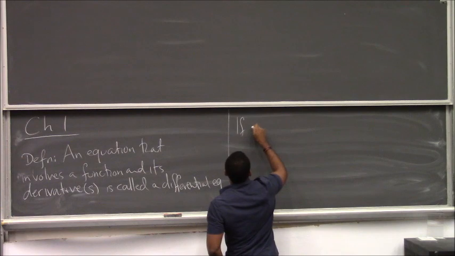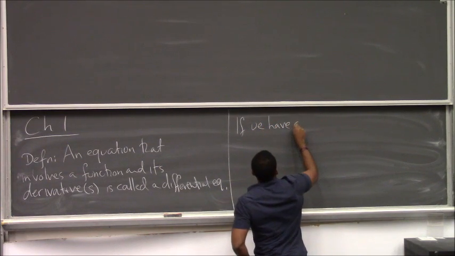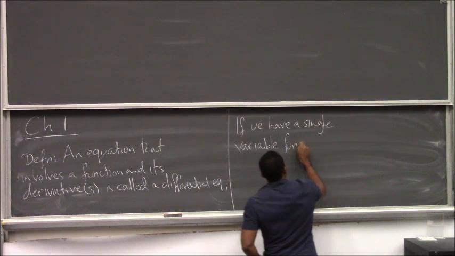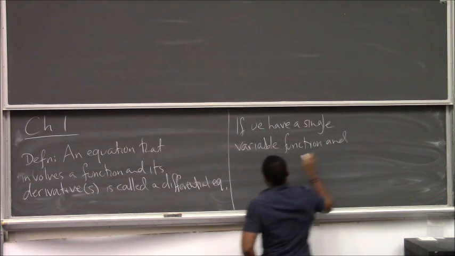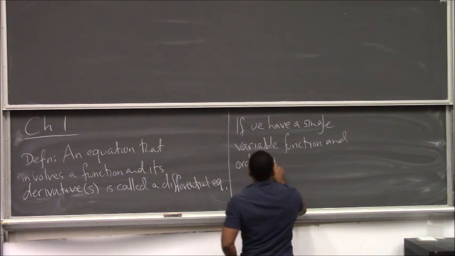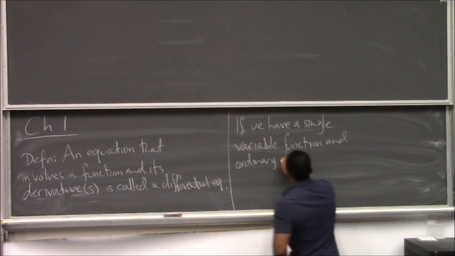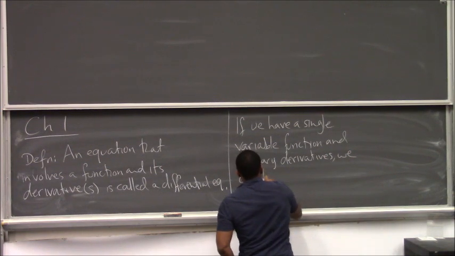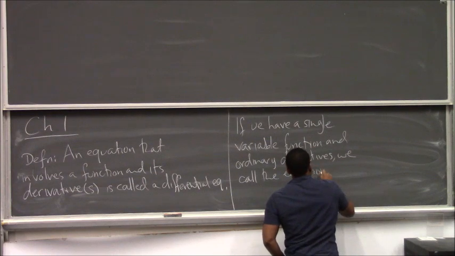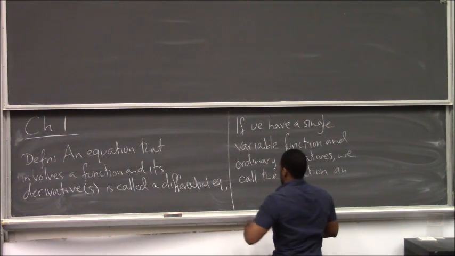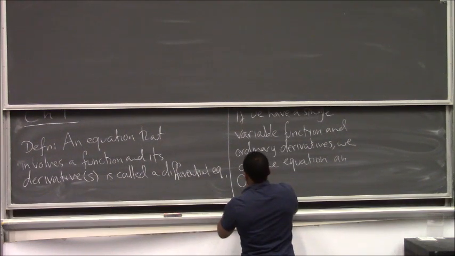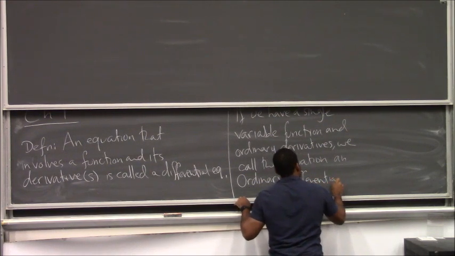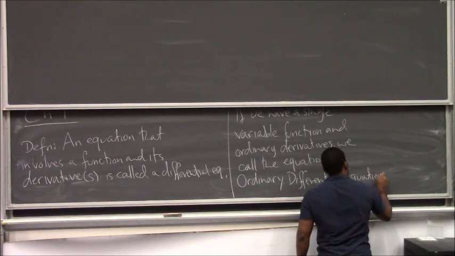If we have a single variable function and ordinary derivatives, that is, derivatives as you would see them in Calc 1 and Calc 2, we call the equation an ordinary differential equation. We abbreviate this as ODE.